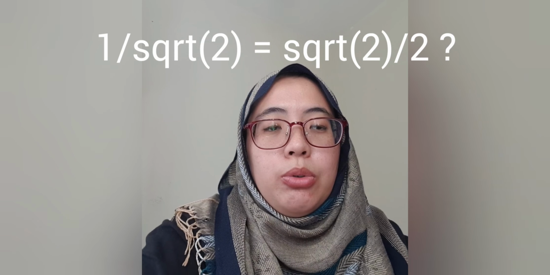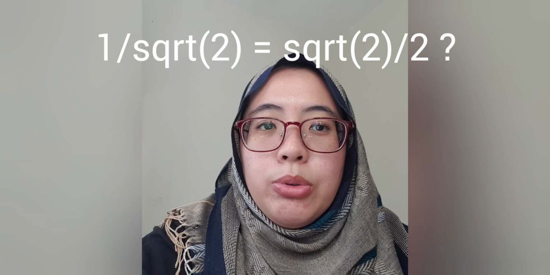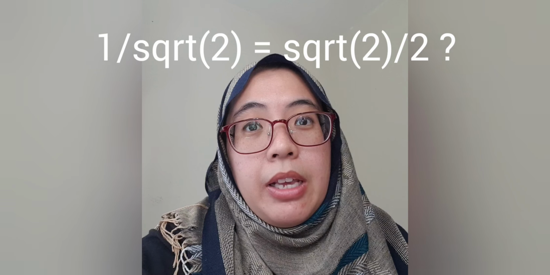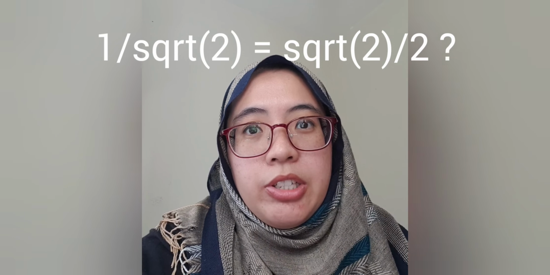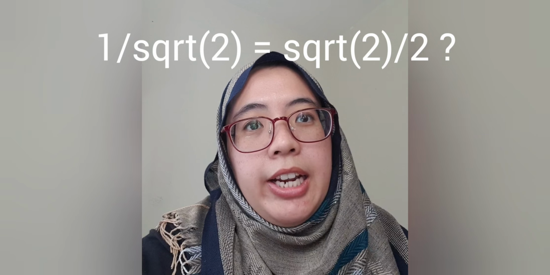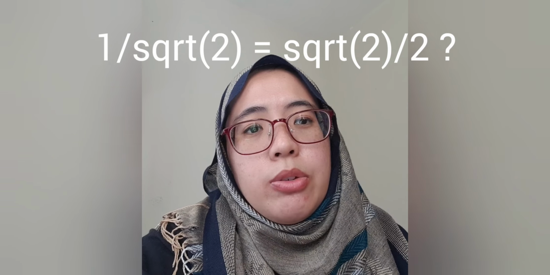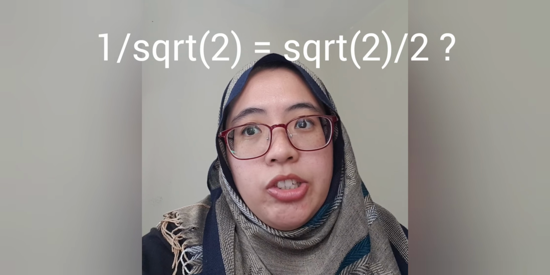Okay, so satu 1 over square root 2, satu lagi square root 2 over 2. Okay, now which one is the correct one? Okay, tapi although these two expressions are different, tapi when you punch in your calculator, it gives you the very same answer. Okay, so this is what we call as rationalizing the denominator, which I have been mentioning earlier this week in the topic of set.